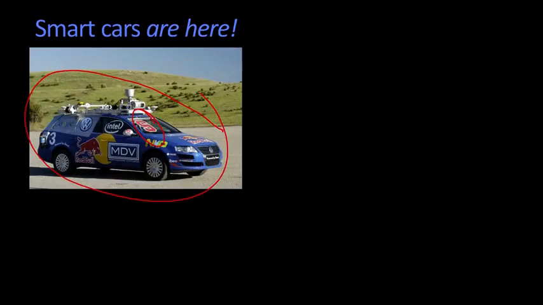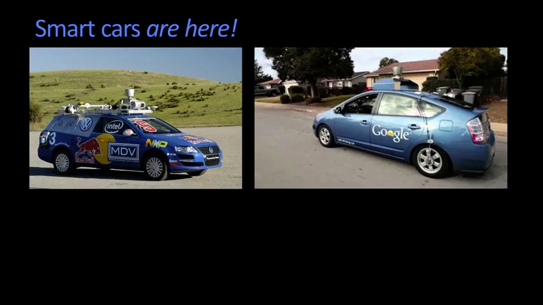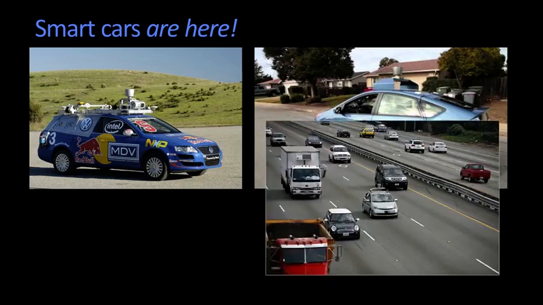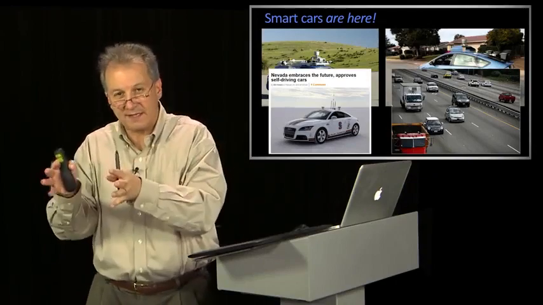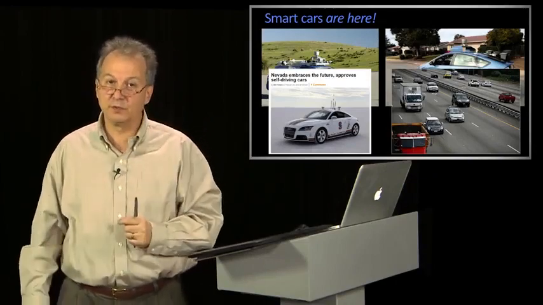They won that, and then Sebastian, because he's just out there, convinced Google to get involved in making the self-driving car, which most of you have heard about. Here's a picture of it out on the highway. And the real mark that these things are here today is states now have started passing legislation that helps detail who's at fault if an accident happens on a particular road and it's a self-driving car. So this is where technology starts to hit policy and economics, and that's when you know it's real.